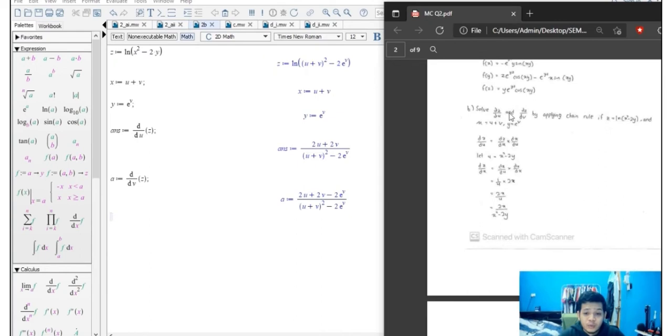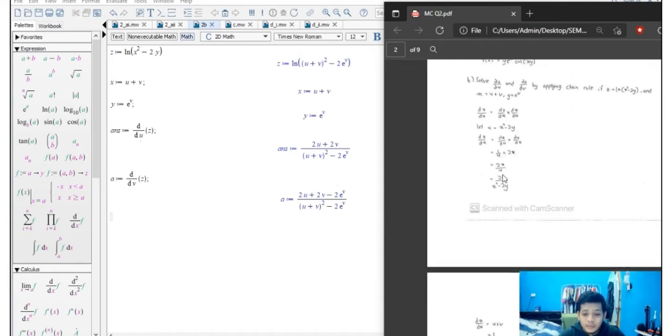For question 2B, solve dz per du and dz per dv by applying the chain rule. From this equation you are given z, x and y. So we type these three inputs in Maple and differentiate, so dz per du and dz per dv, and then get the answer.